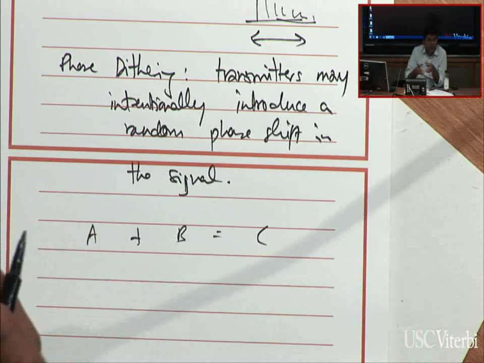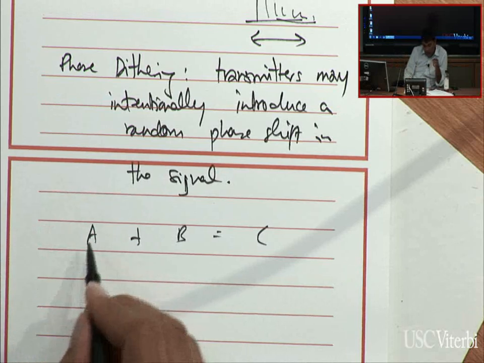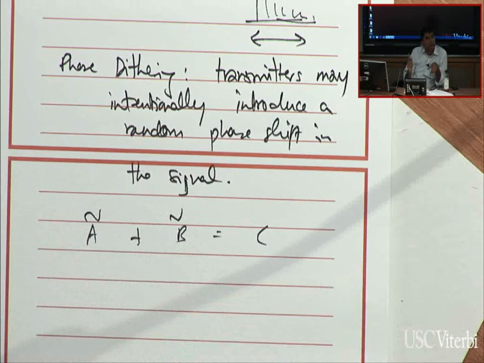Or you're going to get a destructive interference. But if what you did was you randomized the two sources so that their phase is not exactly lined up, but in fact adds a random phase shift to it, then what you end up receiving is a random addition of two random sinusoids whose phases, in the worst case, might be completely out of sync, but they may also be exactly in sync, or they may be somewhere in between.